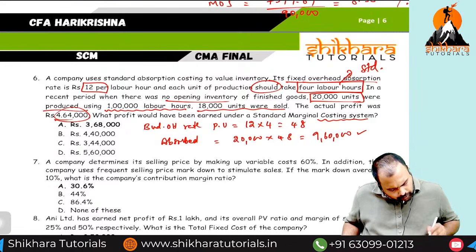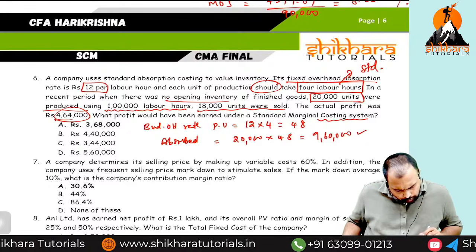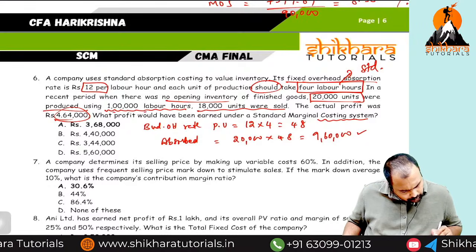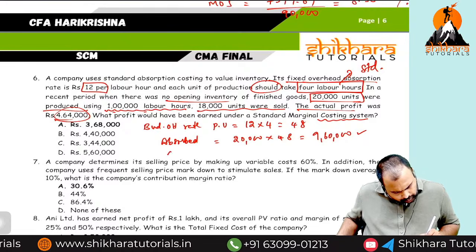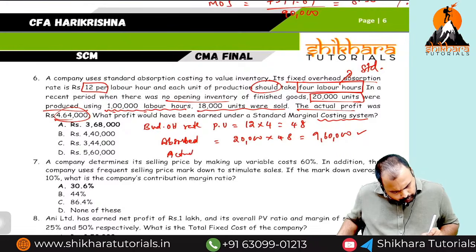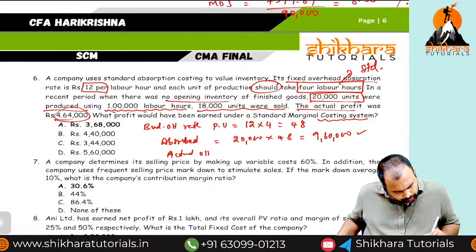Then what is the actual overhead, processed using 1 lakh labor hours, and the actual profit was, okay. And what is the actual overhead?